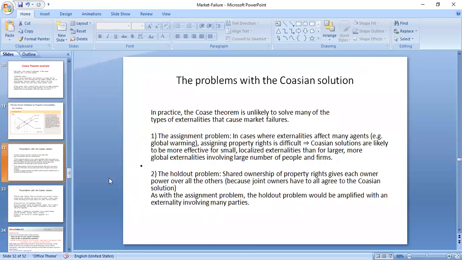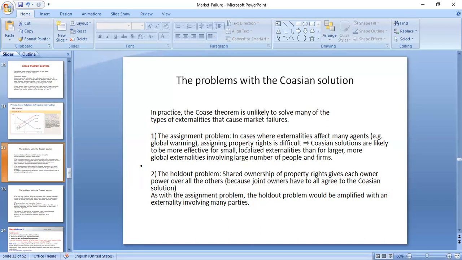Now, let us look at the criticisms or the problems of the Coasean solution, or the limitations of the Coase theorem. The Coase theorem was criticized on the ground of the assignment problem. For him, he was only looking at two parties, but it can happen that there are more than two parties facing this challenge.